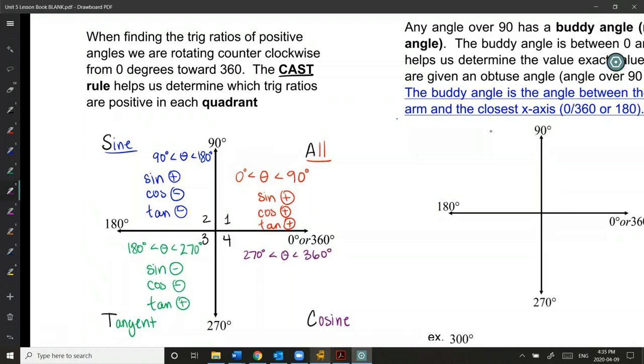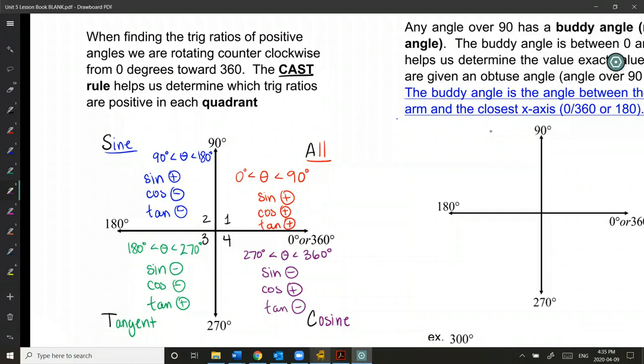And if you guessed that cosine would be positive here and that sine and tan would be negative, you would be right. So for any angle between 270 and 360, let's say we choose 305 as an example, sine will be negative, cos will be positive, and tan will be negative.